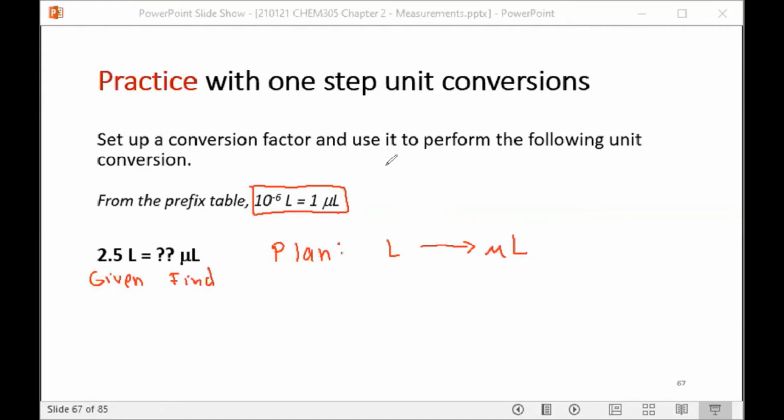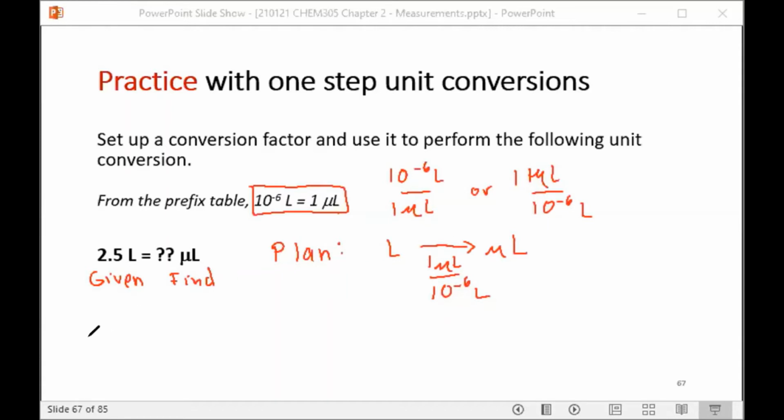So my conversion factor could be written 10 to the negative 6 liters per microliter, or microliter per 10 to the negative 6 liters. You can imagine there's ones there. So in this problem, I want to cancel out my liters and end up with microliters. So I'm going to use the conversion factor 1 microliter is equivalent to 10 to the negative 6 liters.